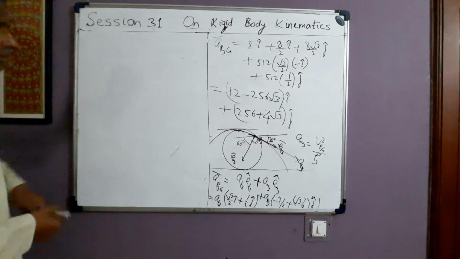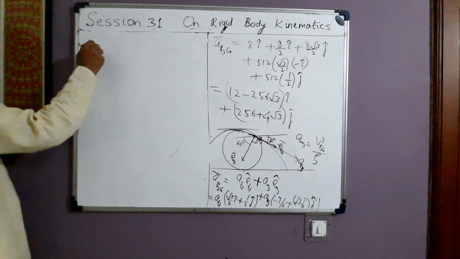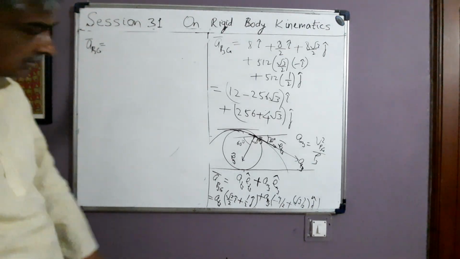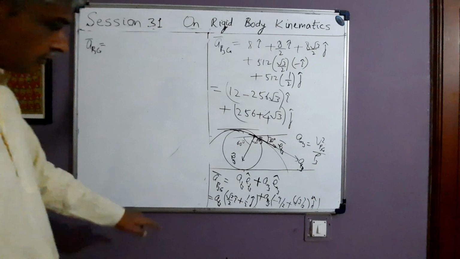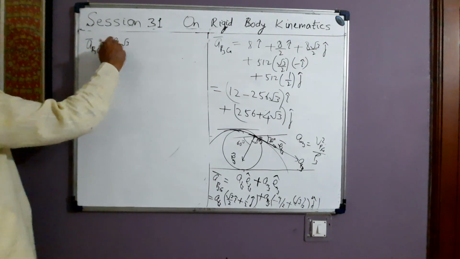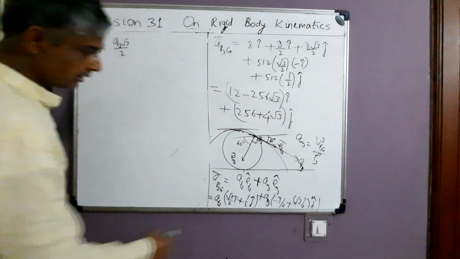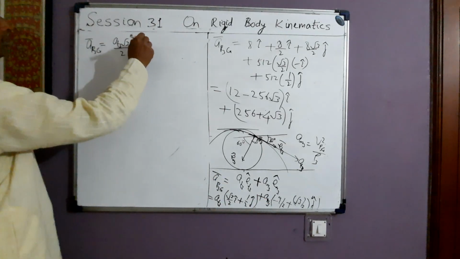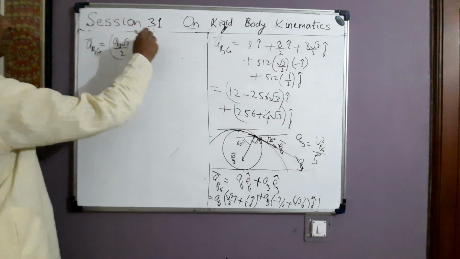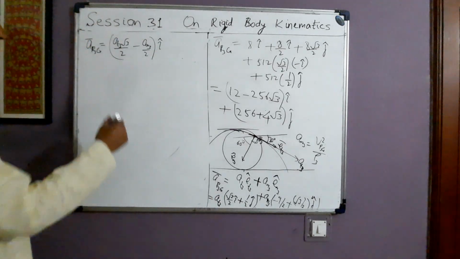So this is simplify. This becomes how much? a_P3G becomes, here I, here also I. So a_P3 root 3 by 2 minus a_P3 by 2 into I hat, and J hat is how much?